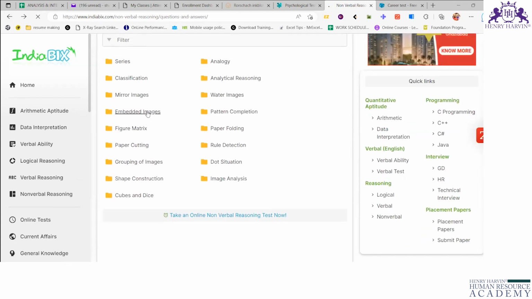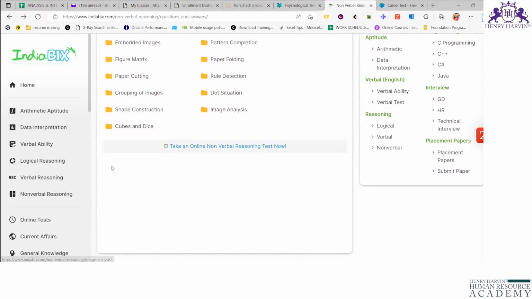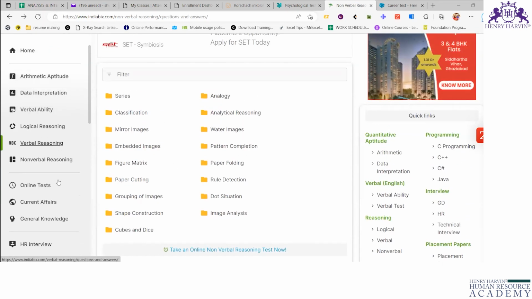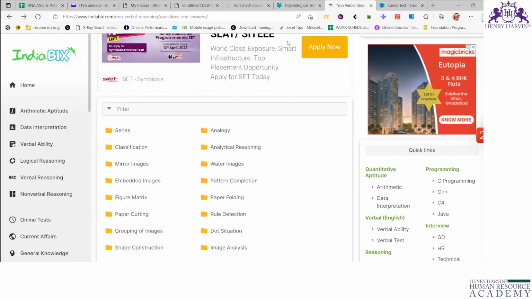And then embedded images, where you need to find out which image will be next, and questions like that. So these are the different kinds of aptitude tests which we can include.